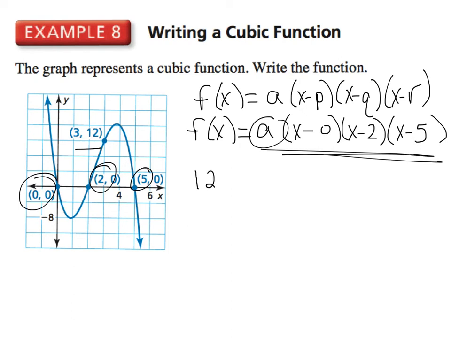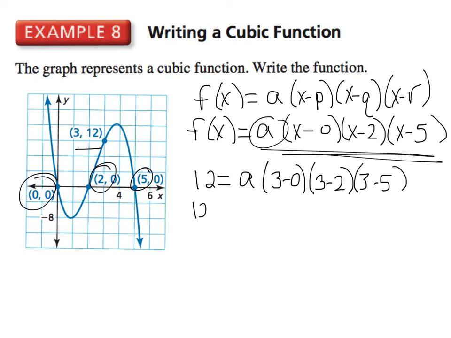So 12 is going to be y. A I need to find. This is going to be 3 minus 0 times 3 minus 2 times 3 minus 5. That gives me 12 equals a multiplied by 3 multiplied by 1 multiplied by negative 2.